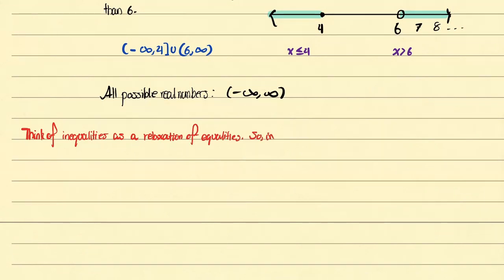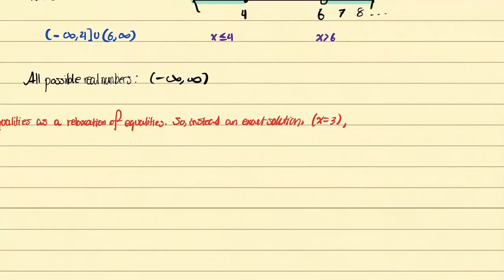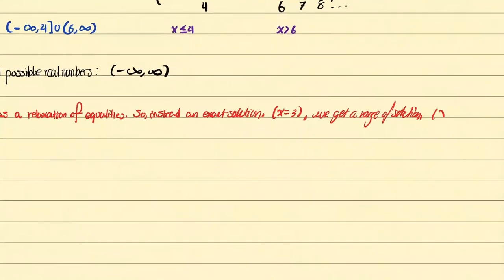So instead of an exact solution, like x equals 3, we get a range of solutions. So maybe x isn't exactly 3, but it's anything greater than 3, or anything less than 3, things like that.